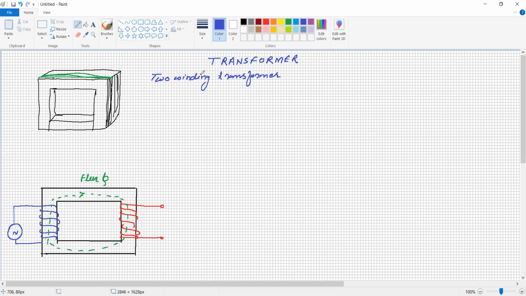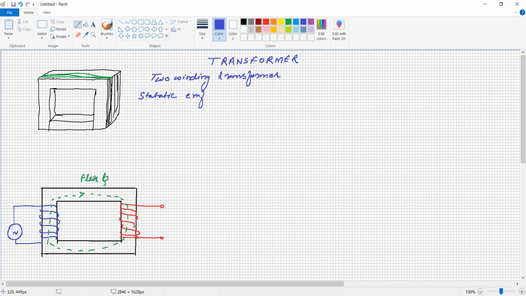First of all, we will see the working operation. The working operation of the two winding transformer is according to Faraday's law of electromagnetic induction. It is a static EMF induced in the transformer. So the transformer is a static device which transfers power from one circuit to the other circuit without changing the frequency.